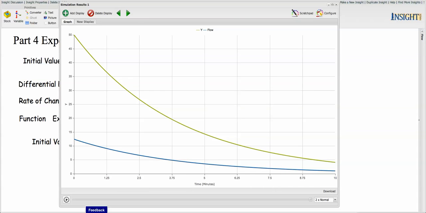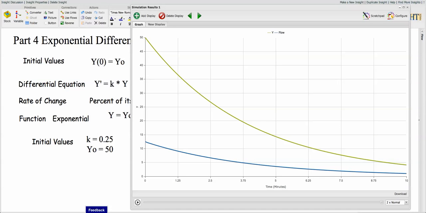So here is the graph of y and flow. So the flow is, remember, k times y. y prime equals k times y.